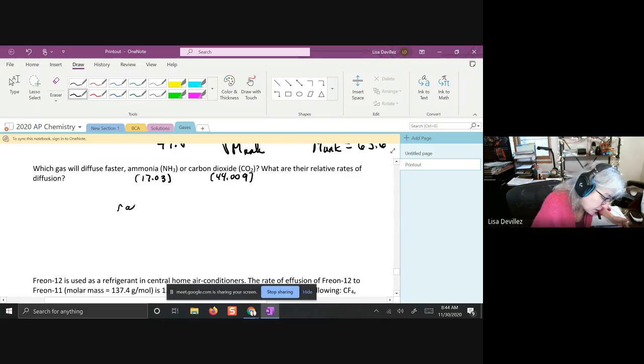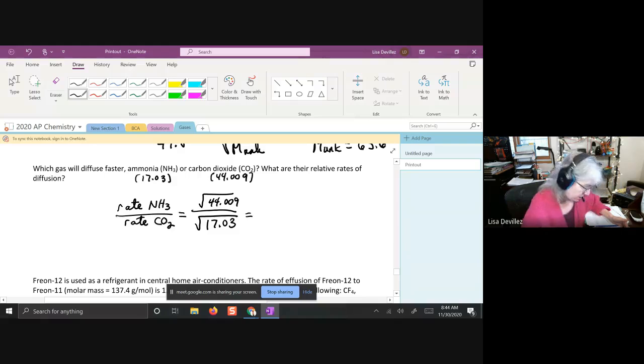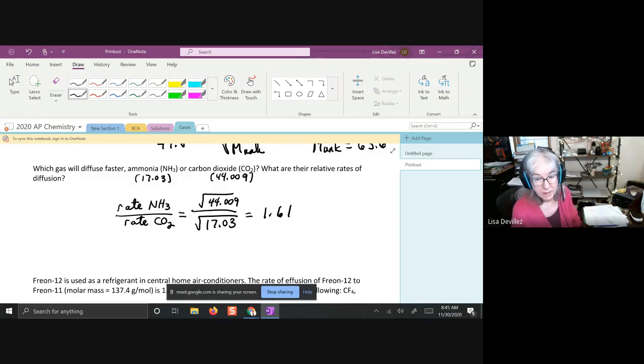And so if we want to do the rate of NH3 relative to the rate of CO2, that's going to be the square root of 44.009 over the square root of 17.03. So I get 1.61. So the ammonia is 1.61 times faster than the carbon dioxide.